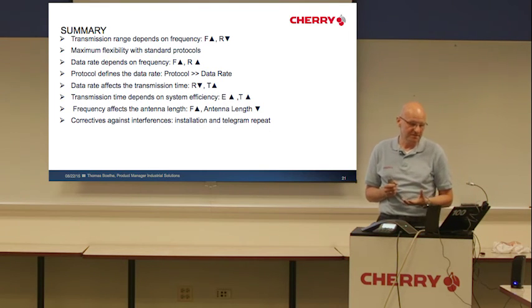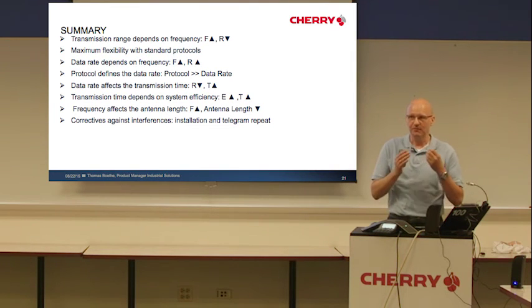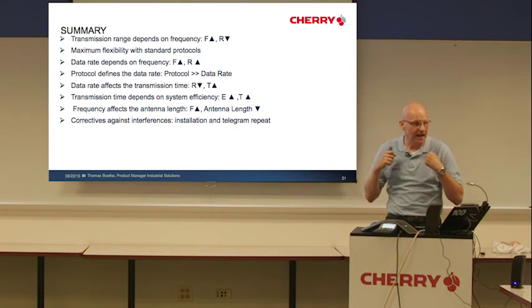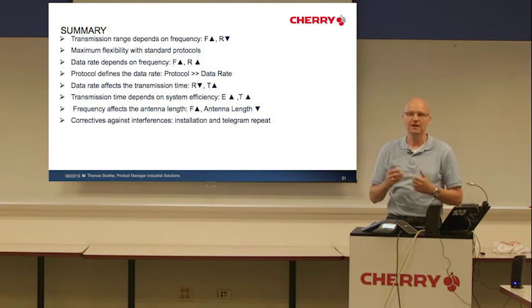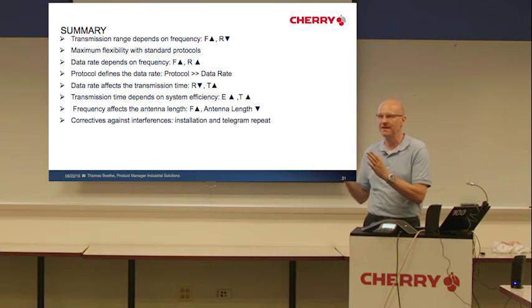And the transmission time depends on our system efficiency, because when I want to reach a high transmission rate, I need high energy. But our energy is limited by our generator. So also the transmission time is limited.